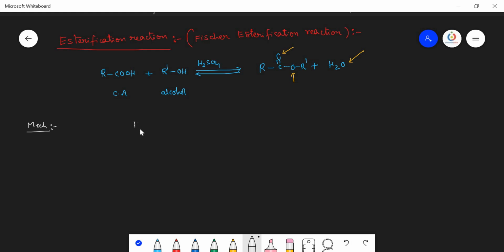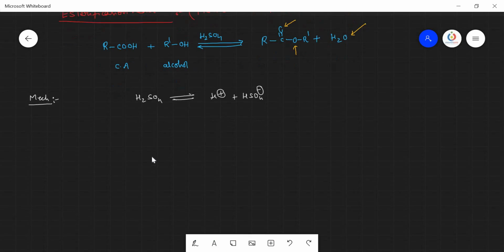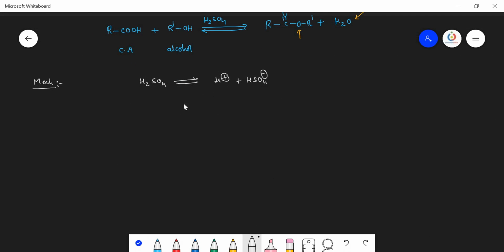Initially, H2SO4, step 1, we know that it is a reversible reaction. H2SO4 dissociates into H plus and HSO4 minus. This H plus is provided here. Now we take the carboxylic acid.